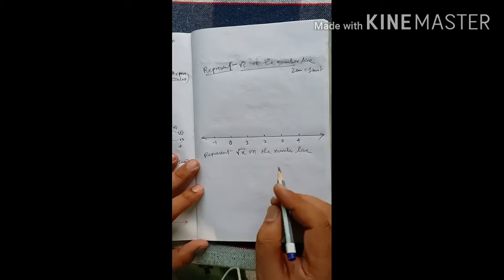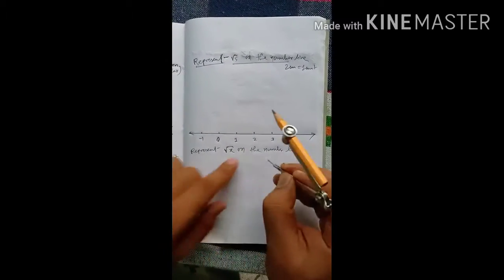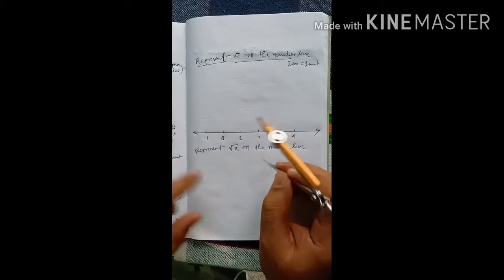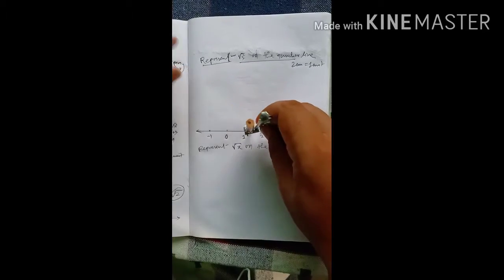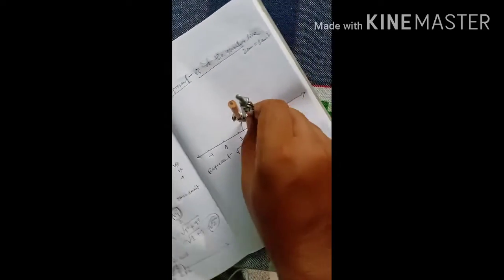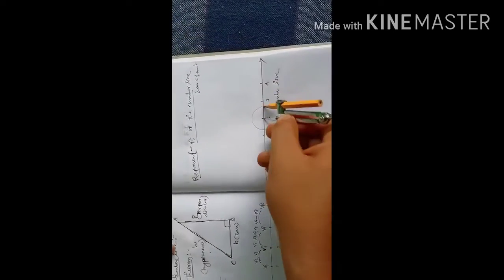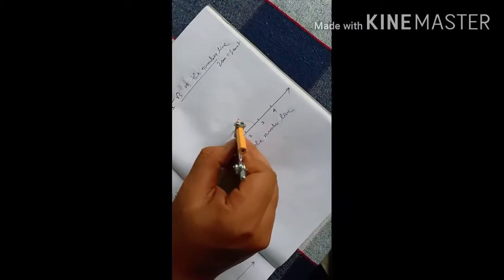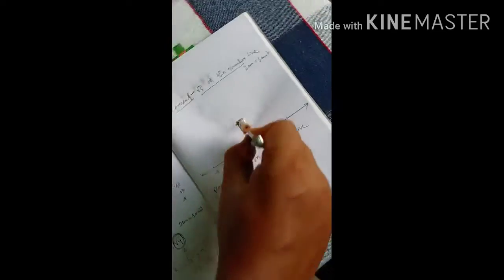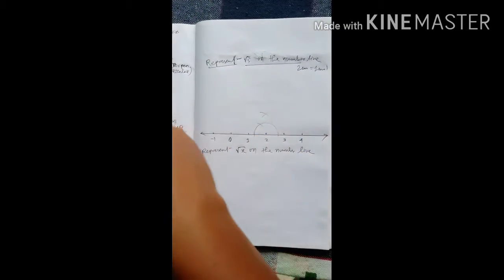So in place of 2, that the value of 2 is also root 4, in place of 2 I will make a 90 degree angle here. 60, 120, and 90.